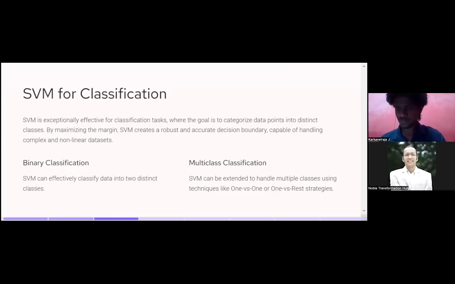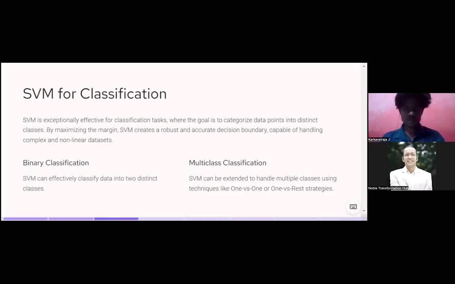So binary classification: when somebody asks, what is classification? Making two distinct classes. Binary means two, bi means two. So SVM can effectively classify data into two distinct classes. This is how you remember. If you forget, still you will remember.